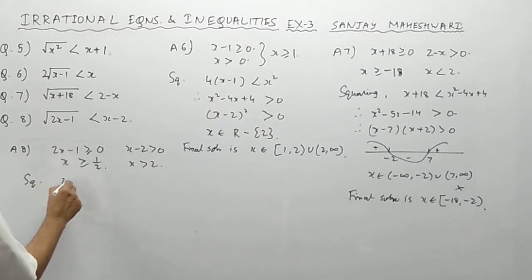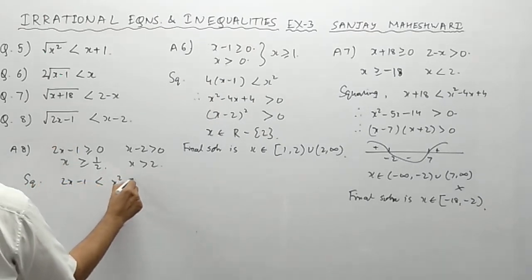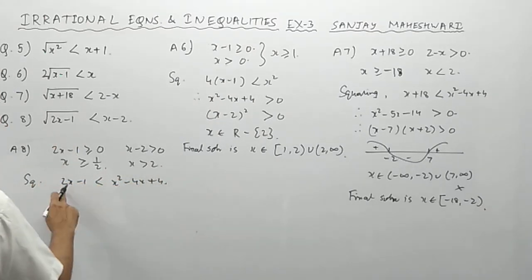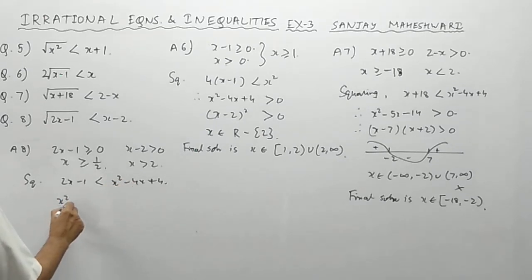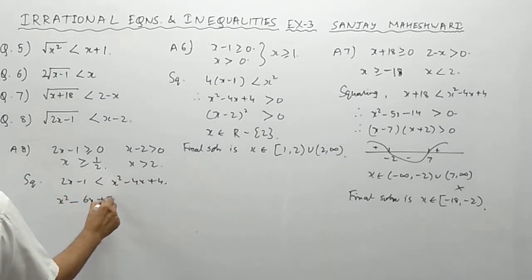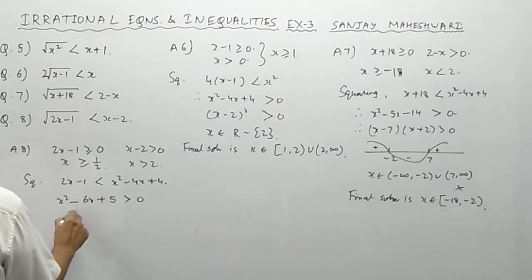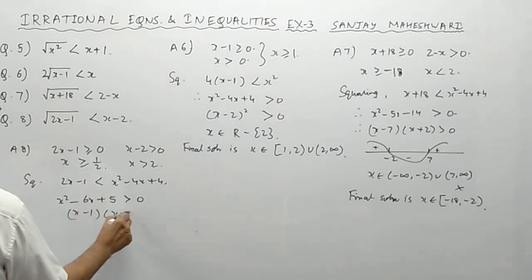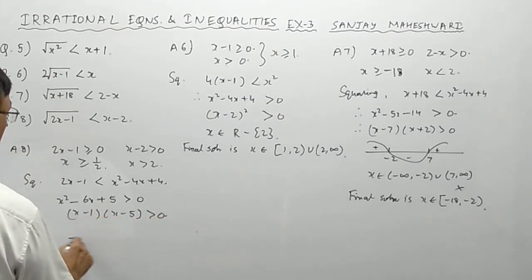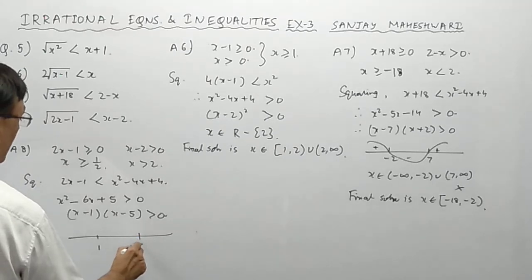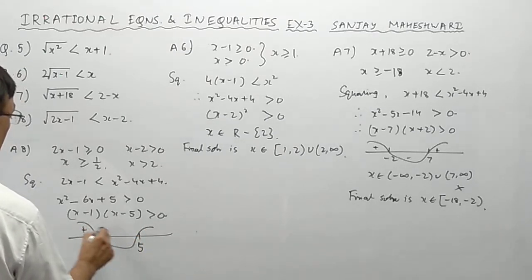Squaring we get 2x minus 1 greater than x square minus 4x plus 4. So we get x square minus 6x plus 5 less than 0, x minus 1, x minus 5 less than 0. Now on the number line we draw the wavy curve, plus minus plus.